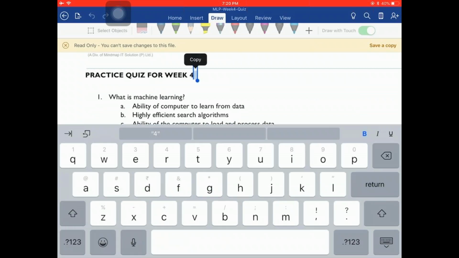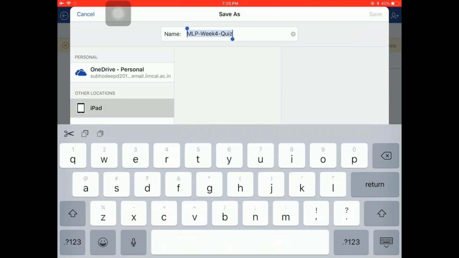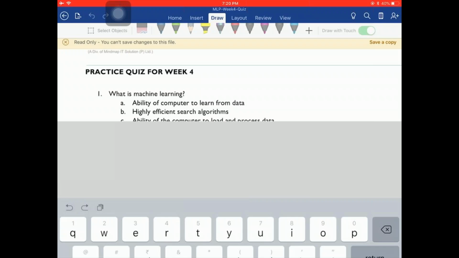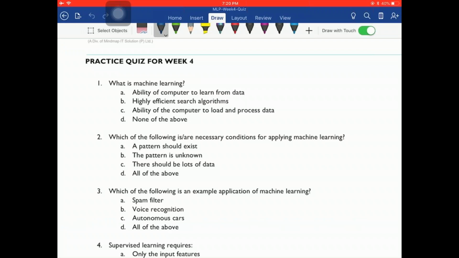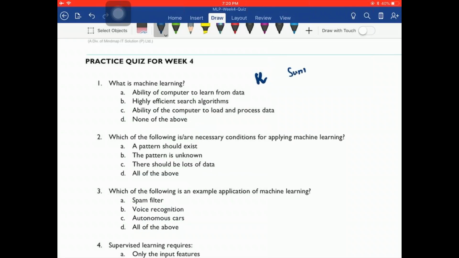I think save a copy. So Krishna, Sunil, and Sharad. Any other answers? All are saying A.